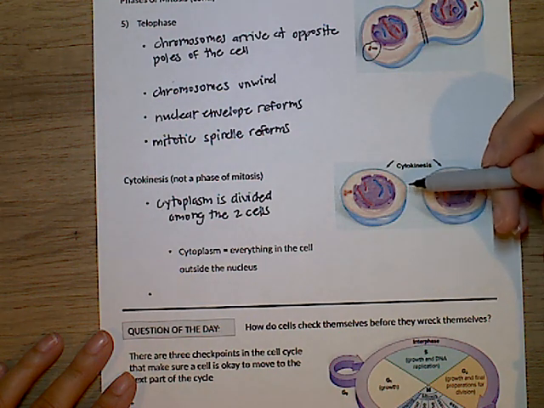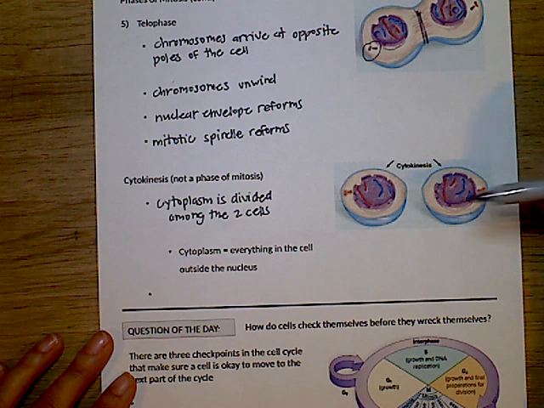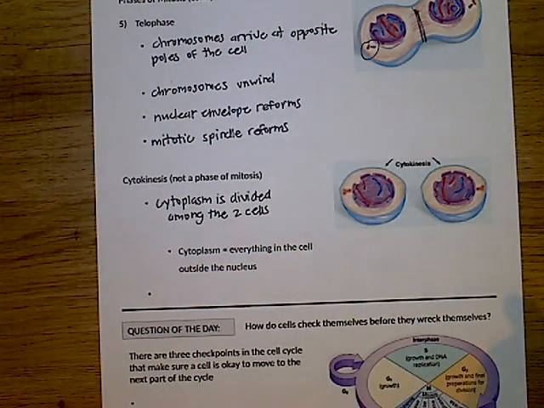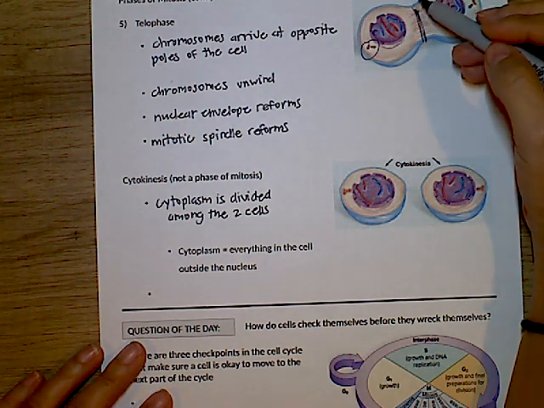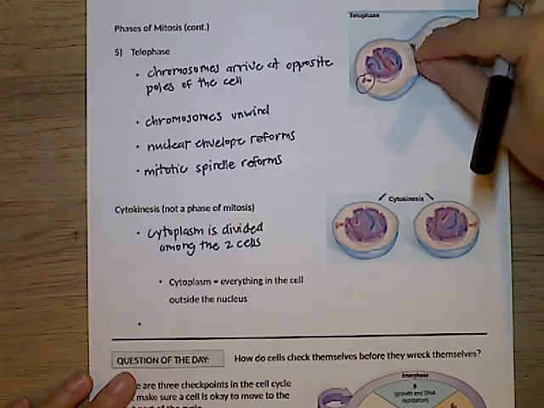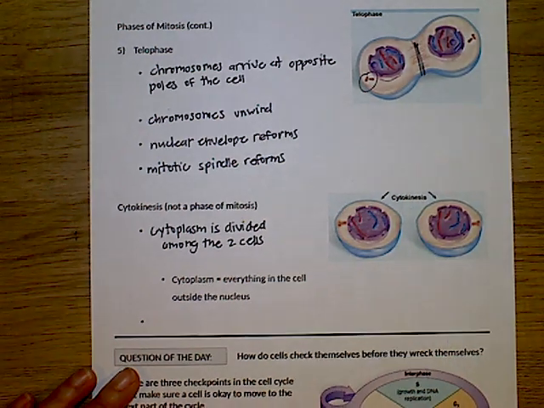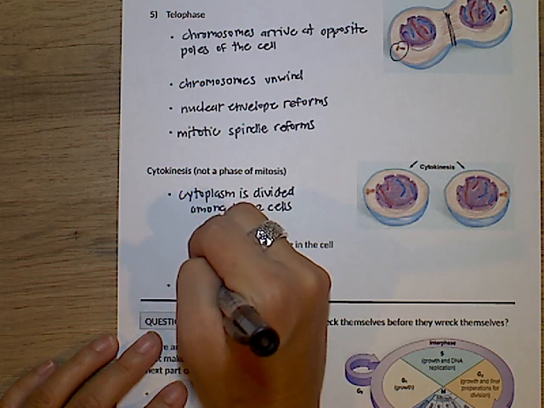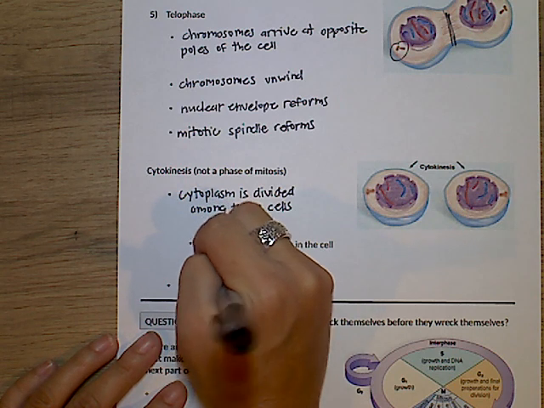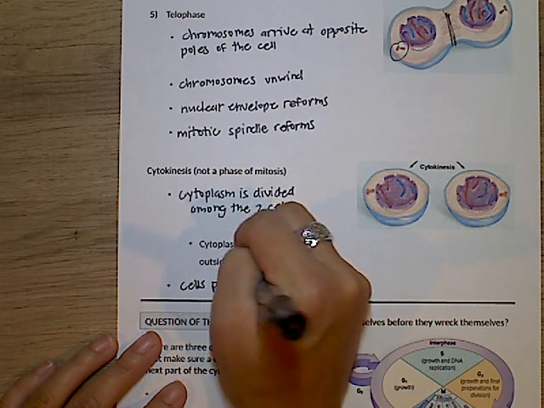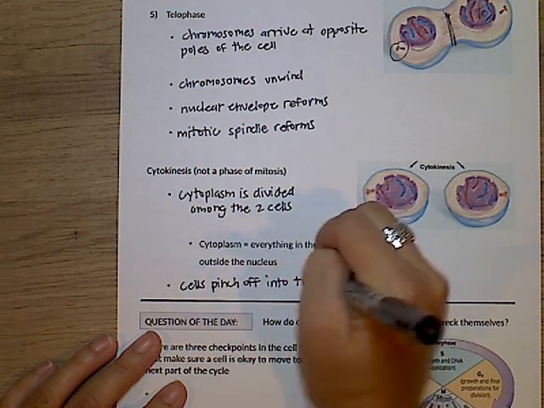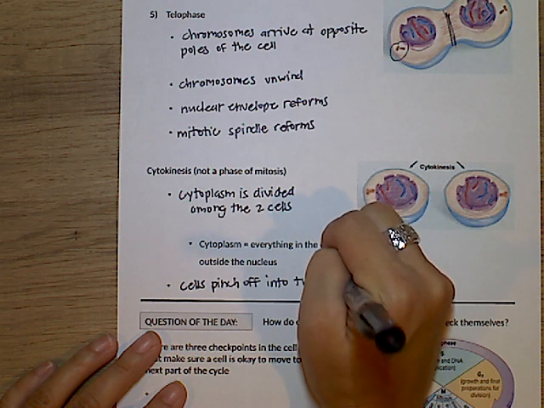It's not pictured here, but all the organelles, the cytoplasm. So now we have two brand new daughter cells. And it's not really showing it here, but this will kind of come together and pinch off to split them apart into two daughter cells.